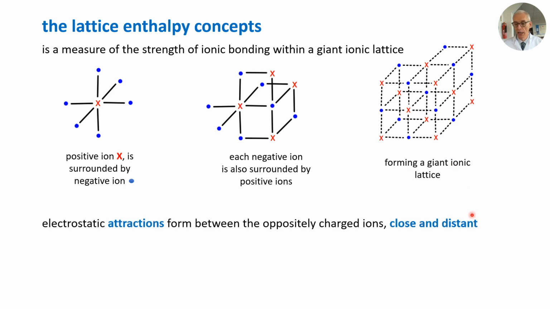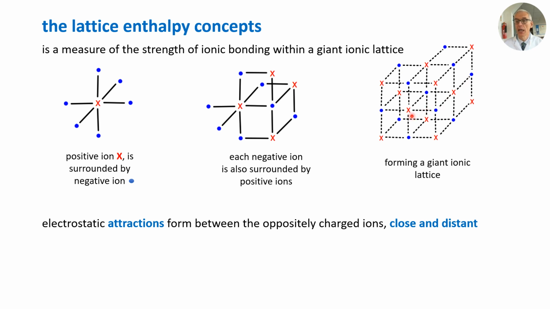Now, electrostatic attractions form between the oppositely charged ions, but a point that wasn't made in year 12 most probably is that, of course, the positive ions are attracted to the negative ions, but the positive ions are also attracted to the negative ions that are at a greater distance. So both the immediately surrounding ions and the more distant ions, if they're oppositely charged, will form attractions.